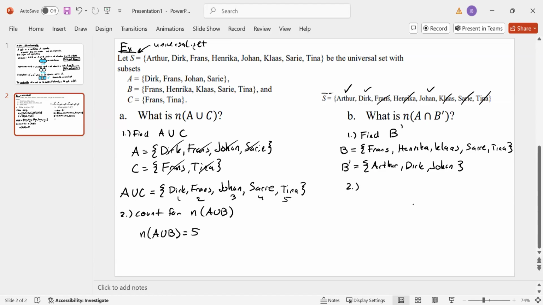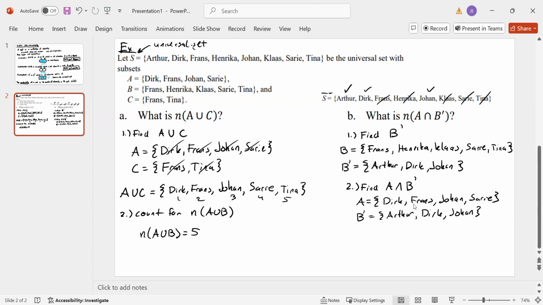So that's the key. Okay. So then step 2 is to find the intersection of A and B complement. So A is equal to, well, it's Dirk, Franz, Johann, and sorry. And then B complement is just Arthur, Dirk, and Johann.